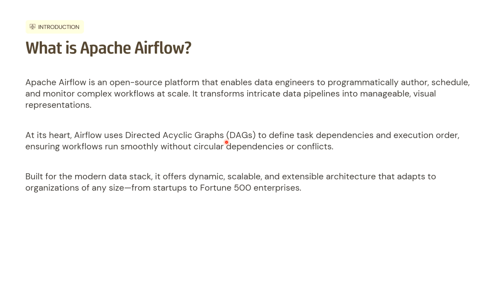We can say it is the execution order. Acyclic means there are no loops. So it doesn't run endlessly, because one task will be dependent on another task, but mutual dependency will not be there. So it is called a directed acyclic graph.